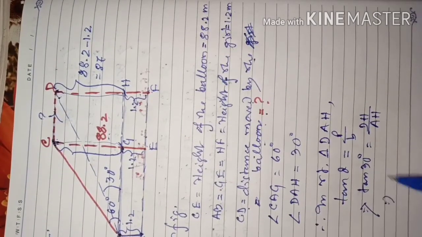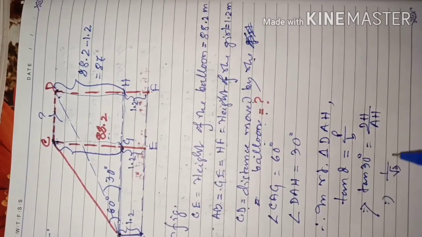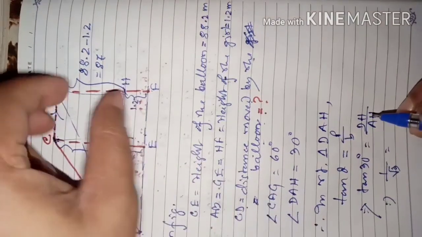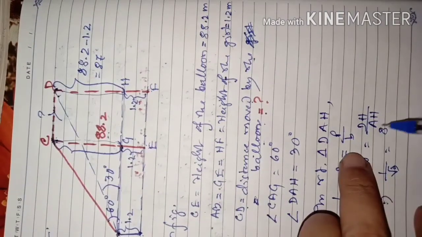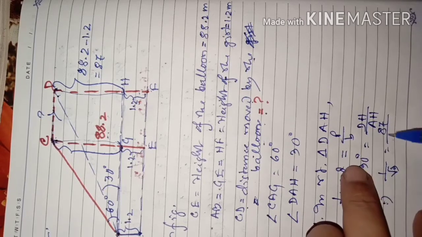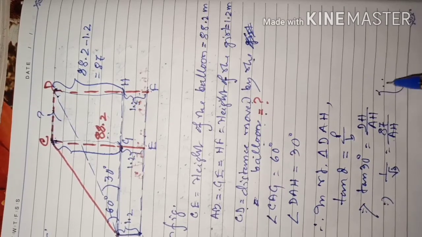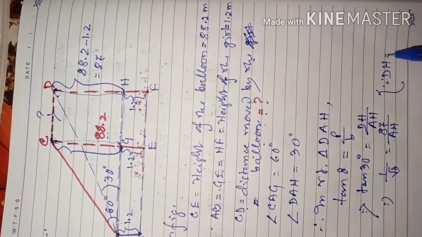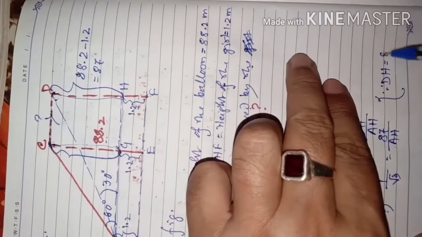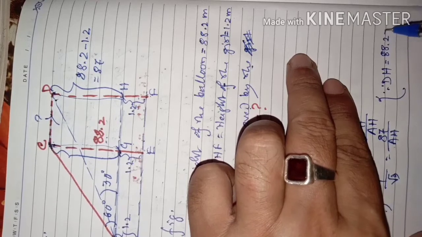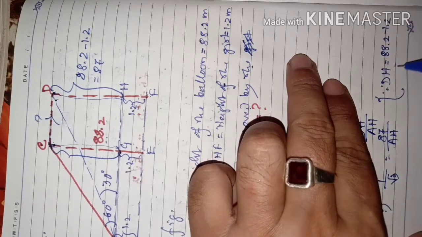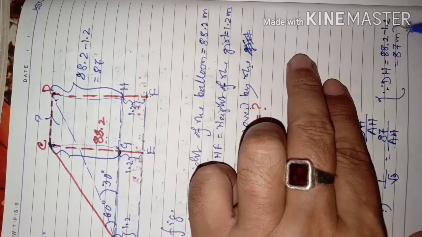Then tan 30 is 1 by root 3, equal to DH, which is 87, divided by AH. So here you write, since DH is equal to 88.2 minus 1.2 is equal to 87 meter.